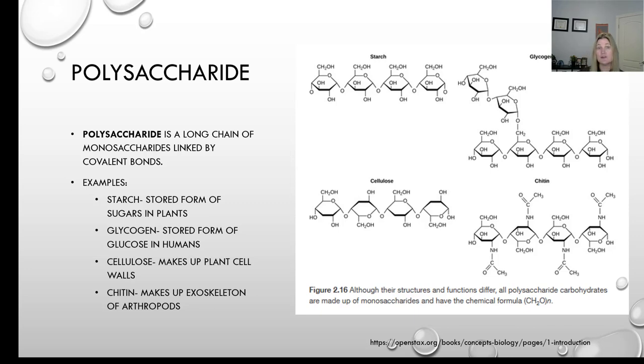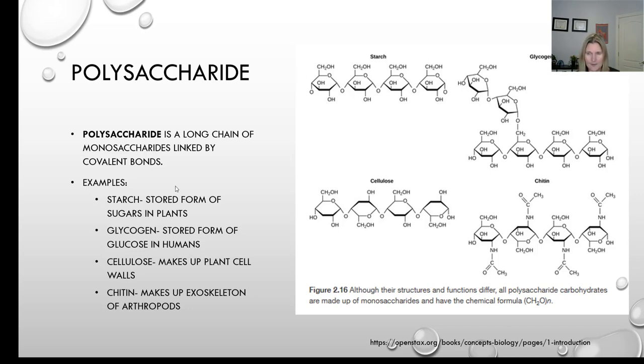Now we can continue having all of these dehydration synthesis reactions occur to bring monosaccharides together to form a long chain of monosaccharides. So this is what we call a polysaccharide. So think poly as many, many sugars. So it's just a bunch of monosaccharides stuck together. And you'll notice here we have a ring structure. So glucose actually forms rings.